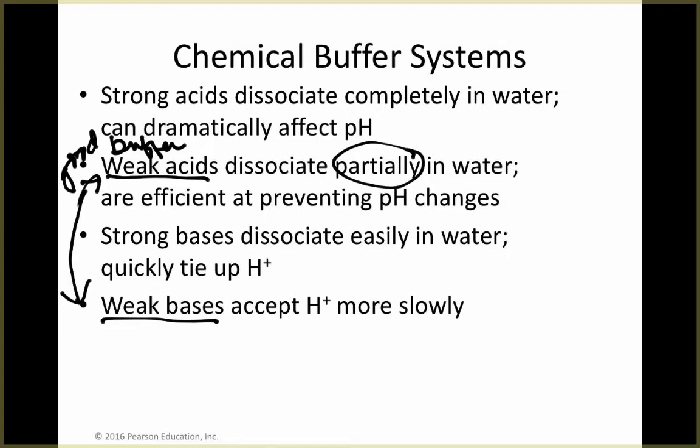So if it's a weak acid, they're going to provide a little bit of hydrogens. If they're a weak base, they're going to accept the hydrogens a little bit more slowly. There's not as many OHs there to take them in. So that's going to make sure to slowly change and keep things at a reasonable constant pH.